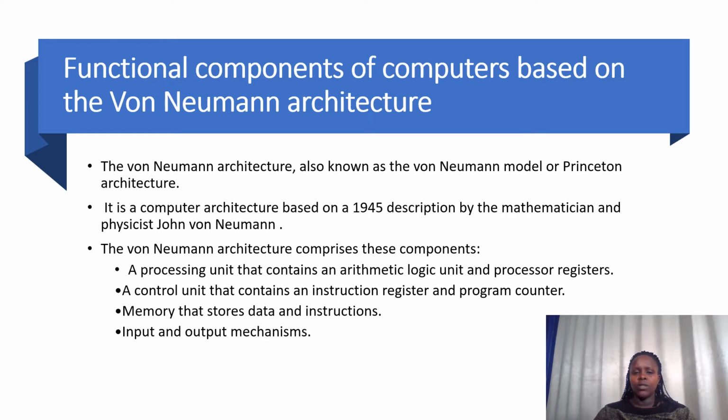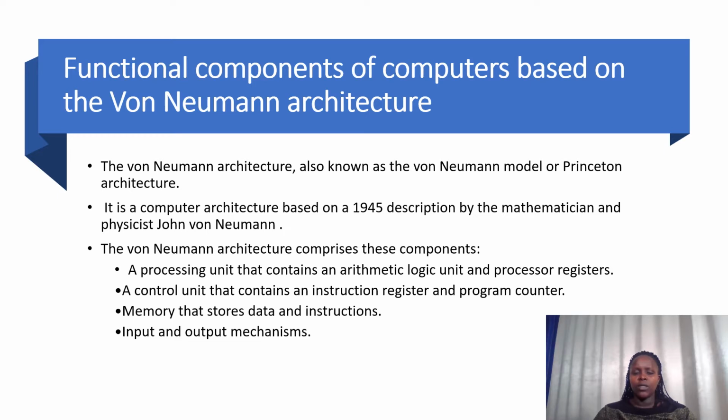The von Neumann architecture, also known as the von Neumann model or the Princeton architecture, was invented in 1945 by a mathematician and physicist called John von Neumann. That is why this architecture has his name.